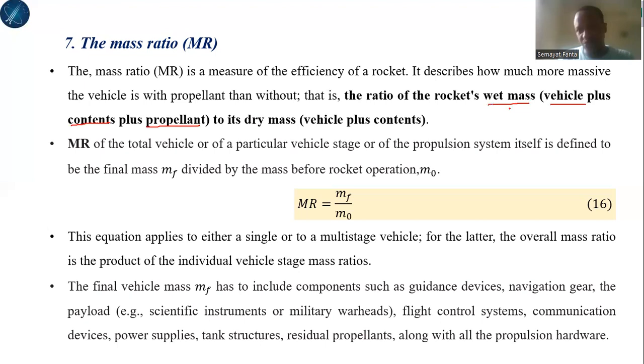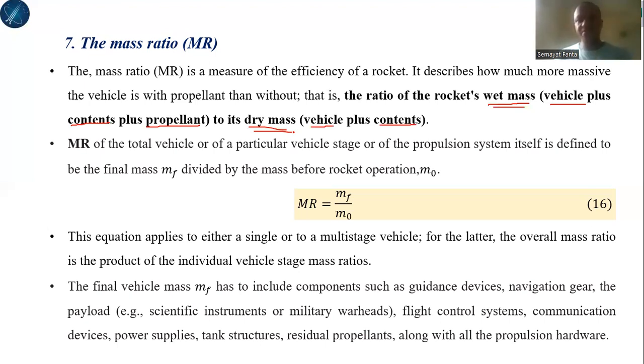Wet mass is the overall content. Two, dry mass. When we come to dry mass, it is vehicle mass plus contents, without any propellant. Dry mass is the vehicle without propellant, once all the propellants are consumed, or if there is no propellant loaded into the vehicle.